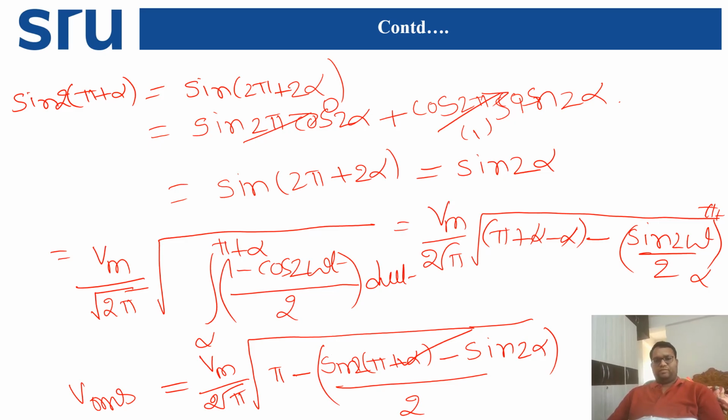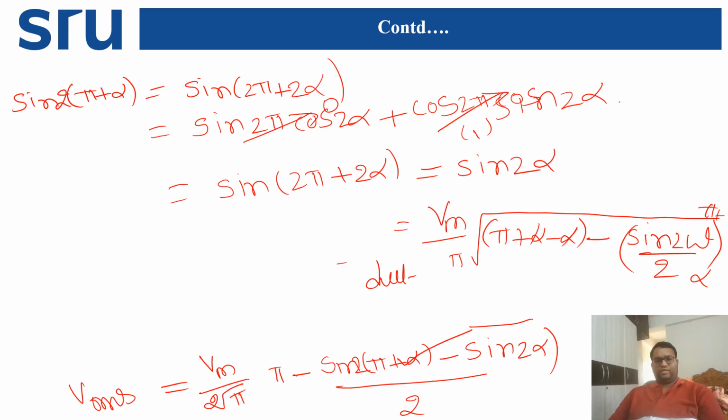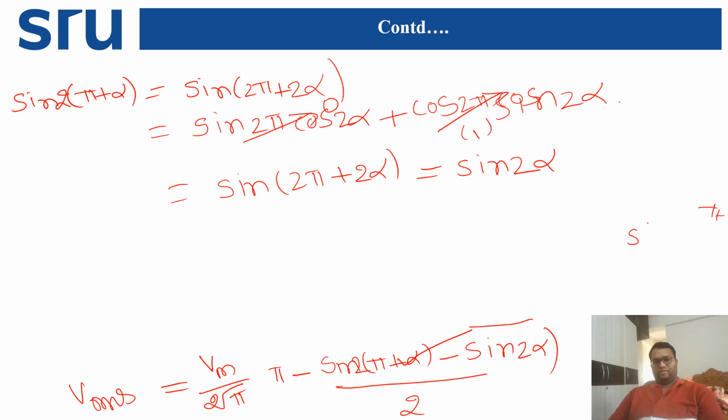If you substitute it in this, what will come? The final value we'll see now. Now I'll do the rough derivation a little, then we'll see how we get the final derivation of the RMS voltage. How can you write it here?